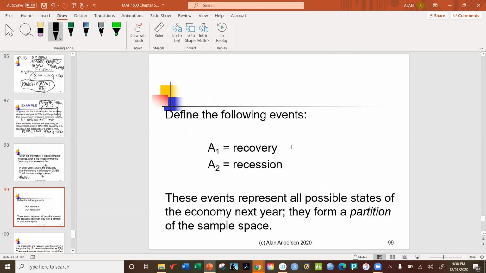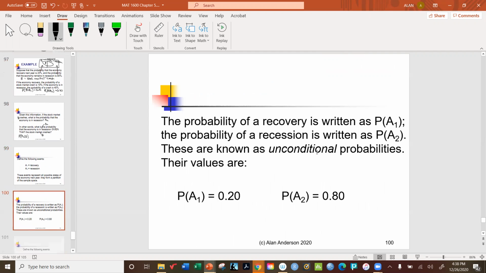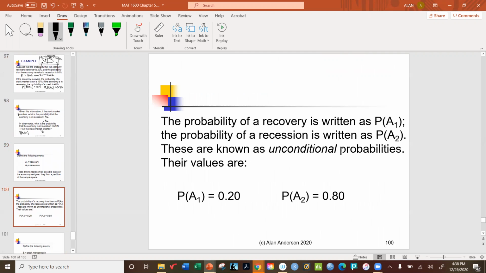Okay, so if A1 is the recovery, A2 is the recession. These represent all possible states of the economy next year, which means they're a partition. So we know the probability of A1 is 20%. Remember, that's a recovery. Okay, wow, that's a pretty gloomy prognosis here.